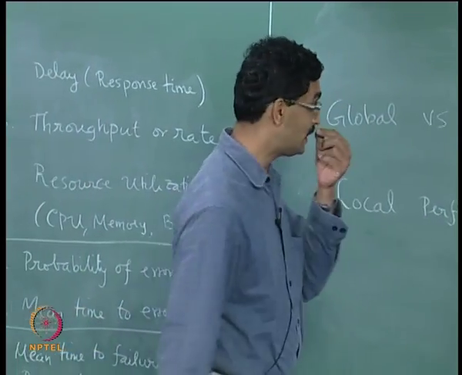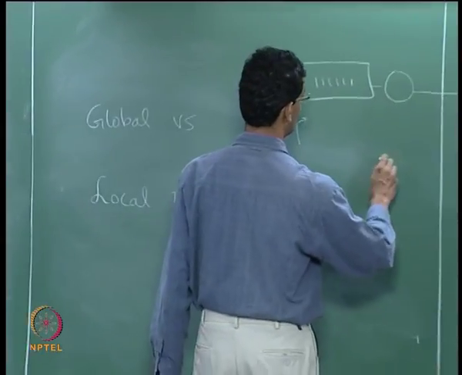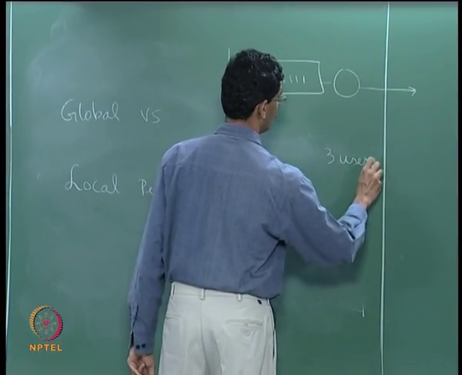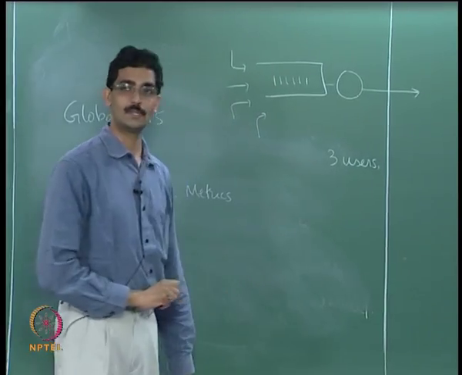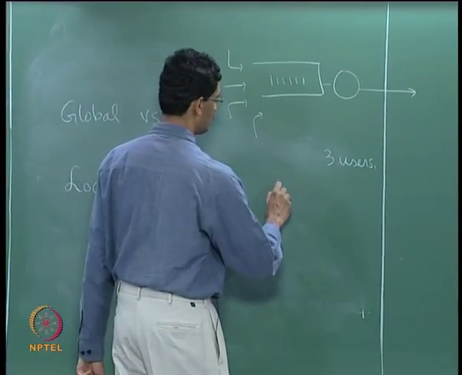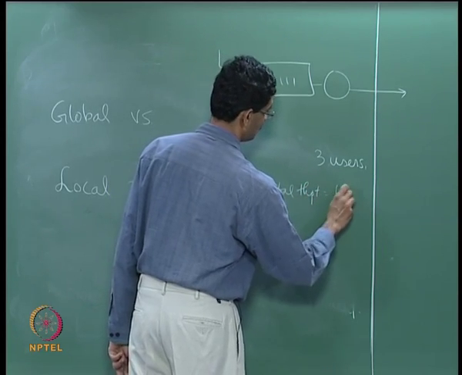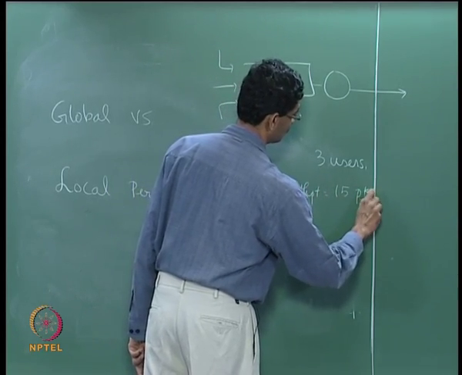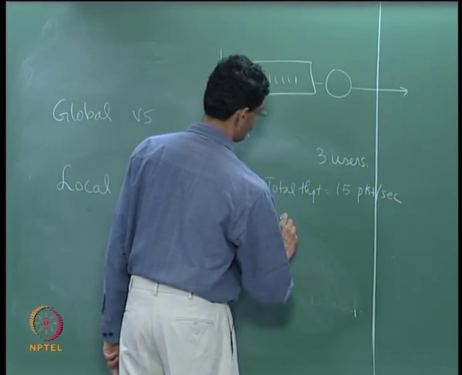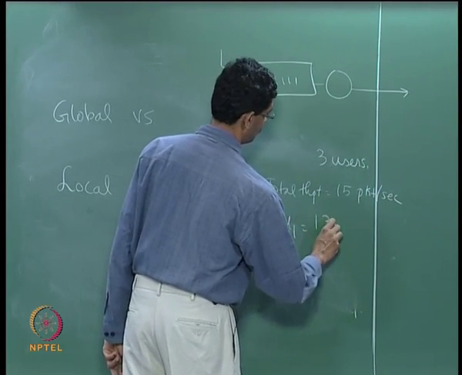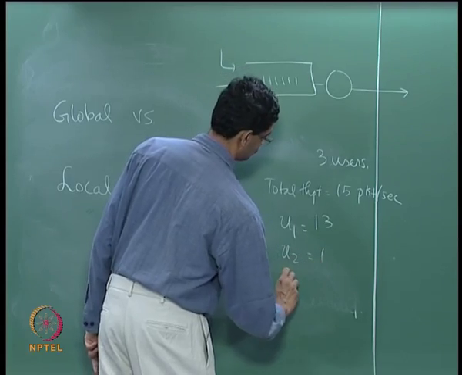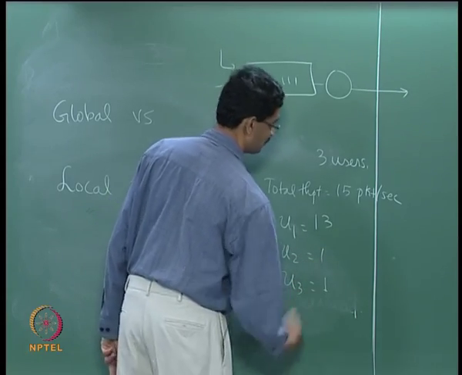So if I say the system, let's say, had 3 users, we saw this in networks, right? If the total throughput is 15 packets per second and user 1 had 13 and user 2 had 1 and user 3 had 1, right?